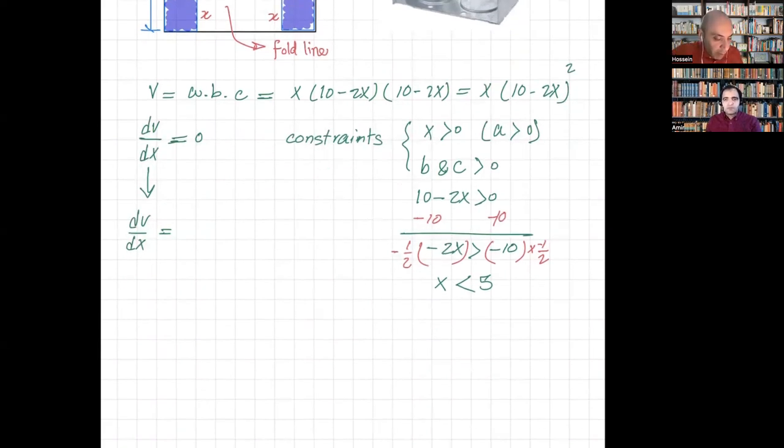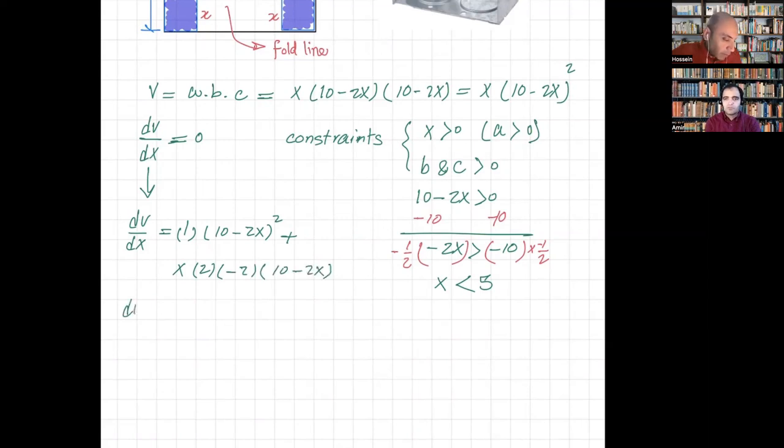So the derivative of x is 1 times (10 minus 2x) squared, plus x times the derivative of the second factor, which is 2 times negative 2 times (10 minus 2x).